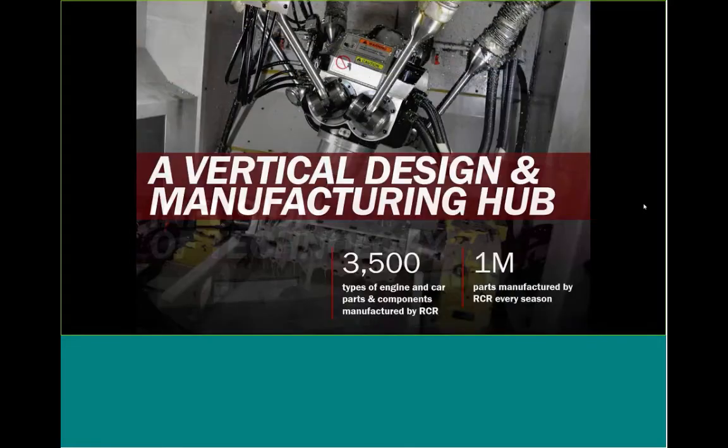The next slide. So how does this define us? We sell ourselves as a vertical design and manufacturing hub. In turn, we've partnered with a number of leading technology companies who've integrated their cutting-edge offerings into our operations.